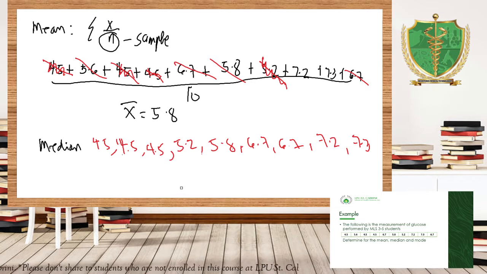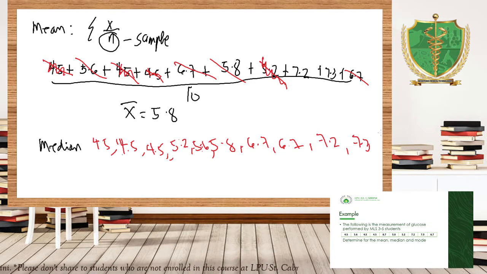So we're going to put the 5.6 here at the middle: 5.2, 5.6, 5.8.